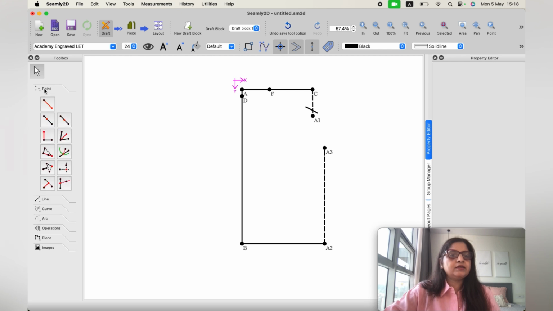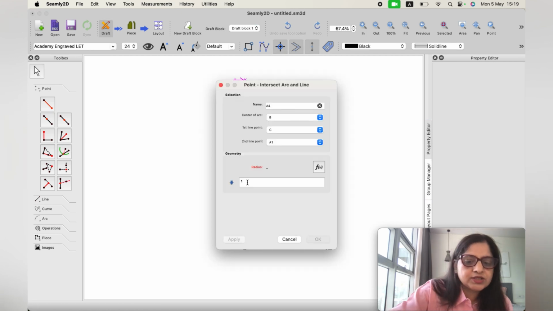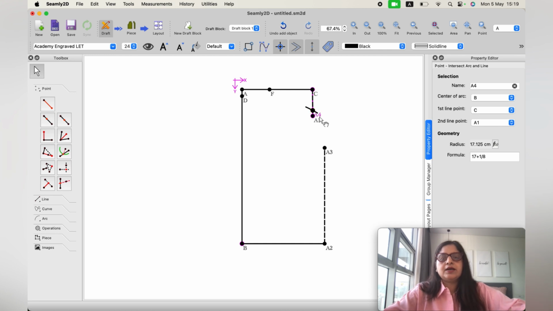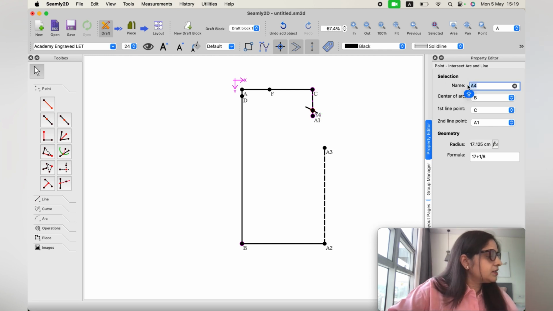I'll take the intersection of the arc and the line. I got this point, and its name is G.